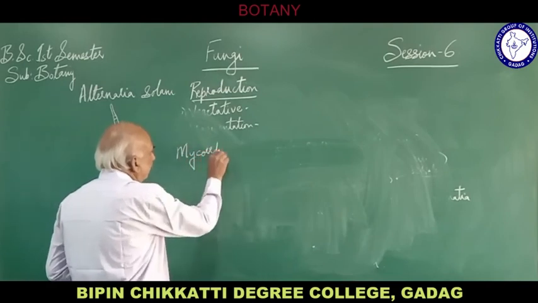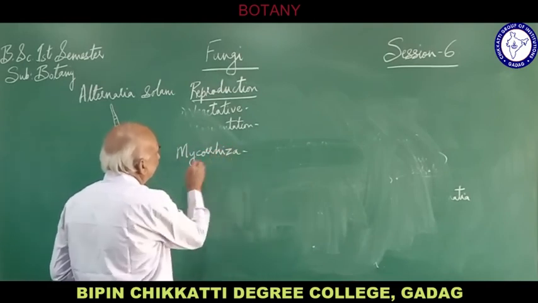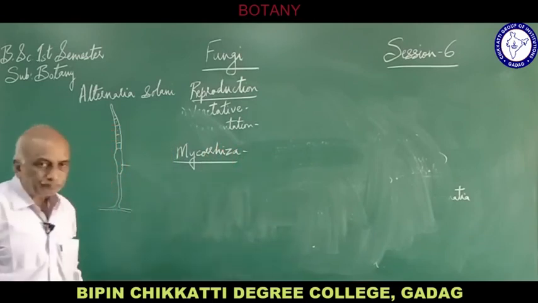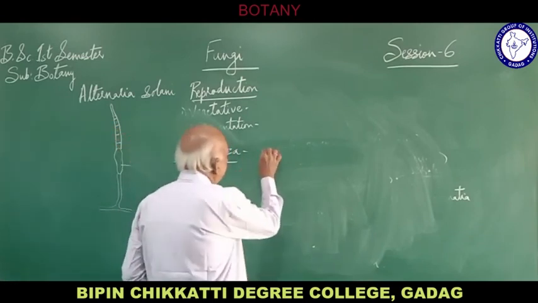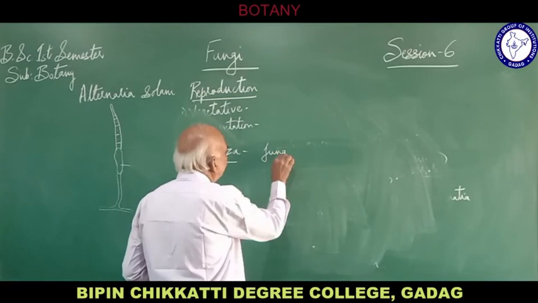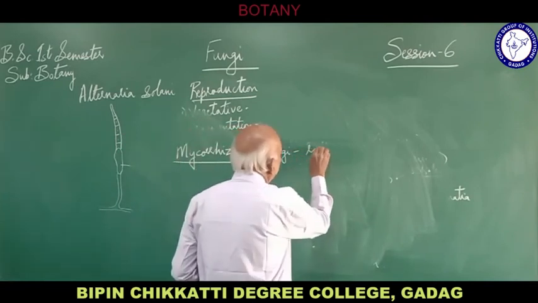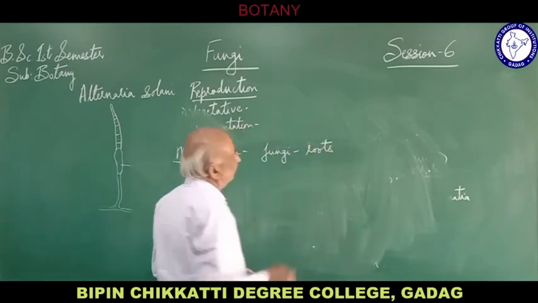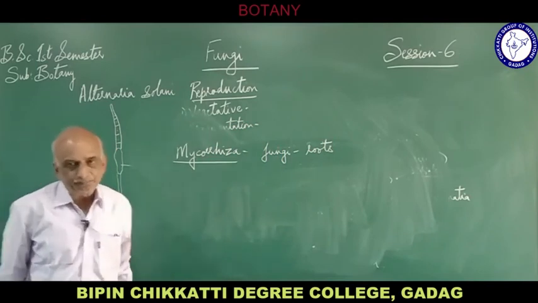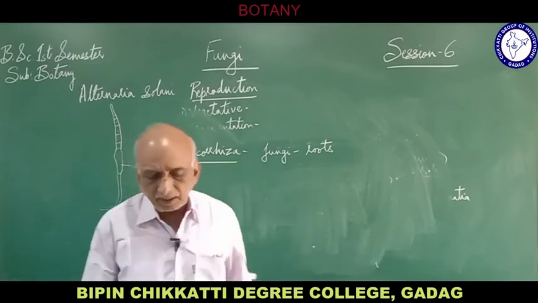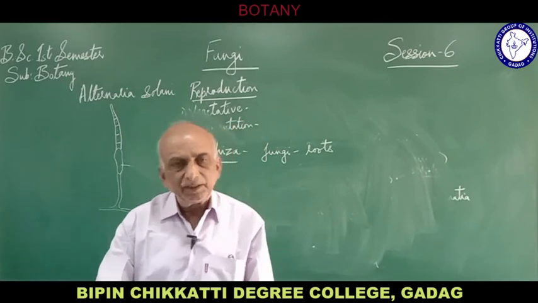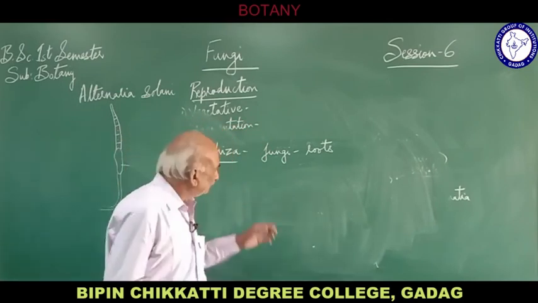Another important aspect related to lichens is mycorrhiza. The fungi which are related to the roots of plants are called mycorrhiza. These are related to lichens, but they are not actually lichens.